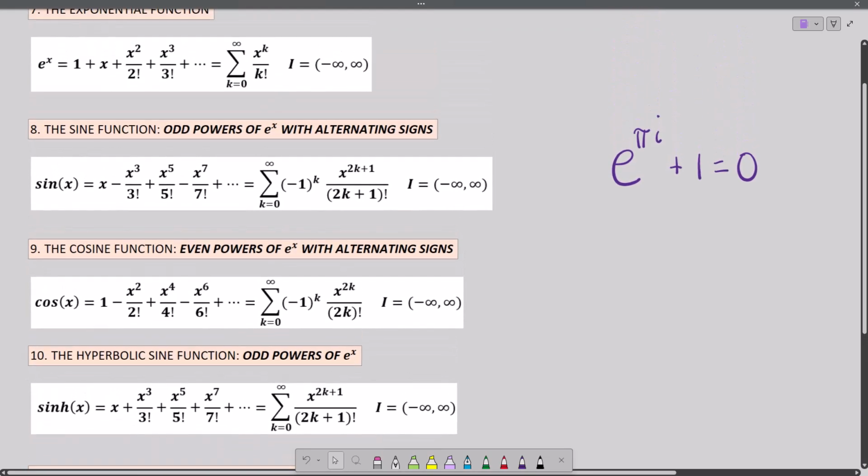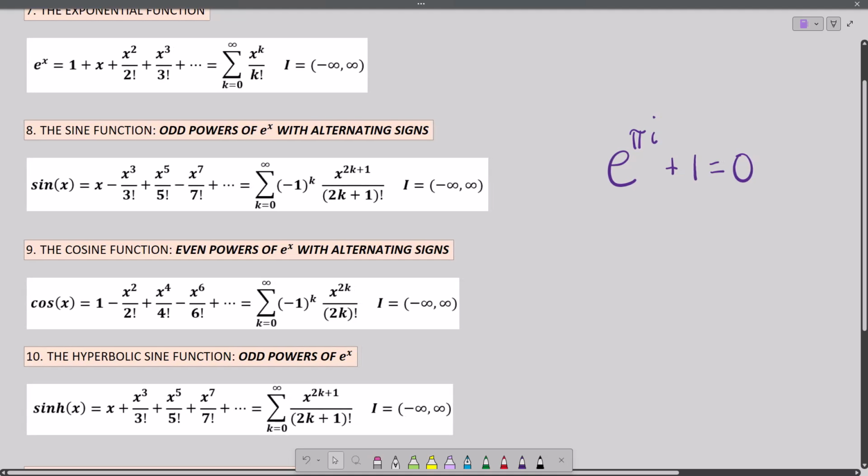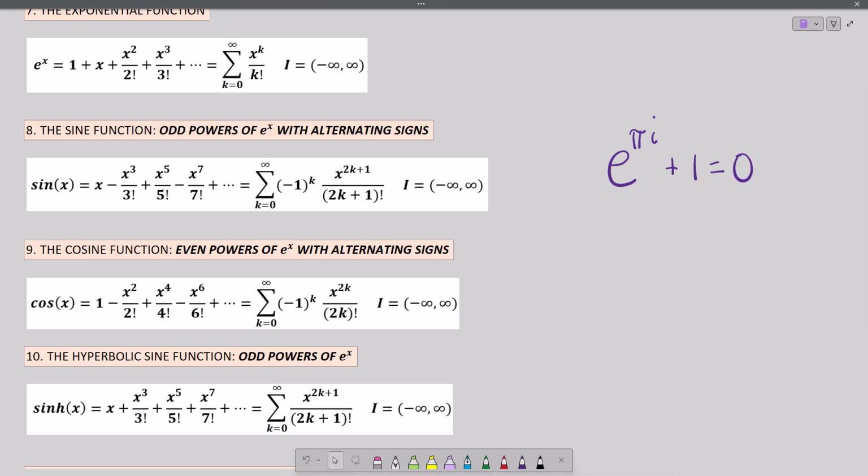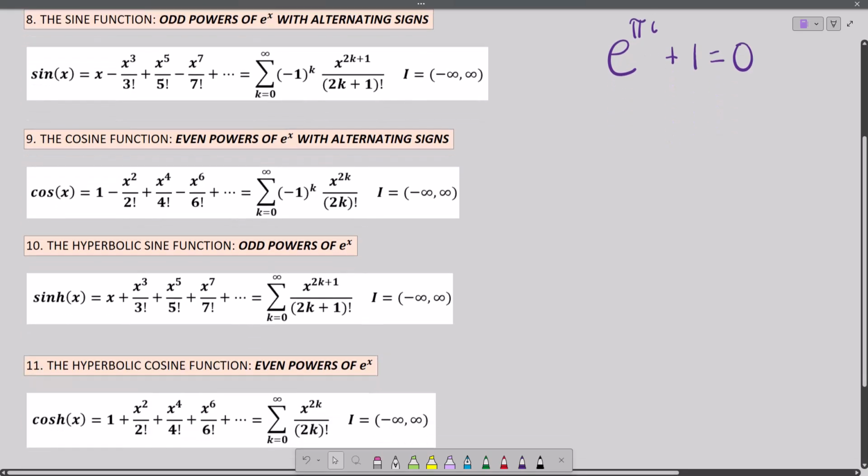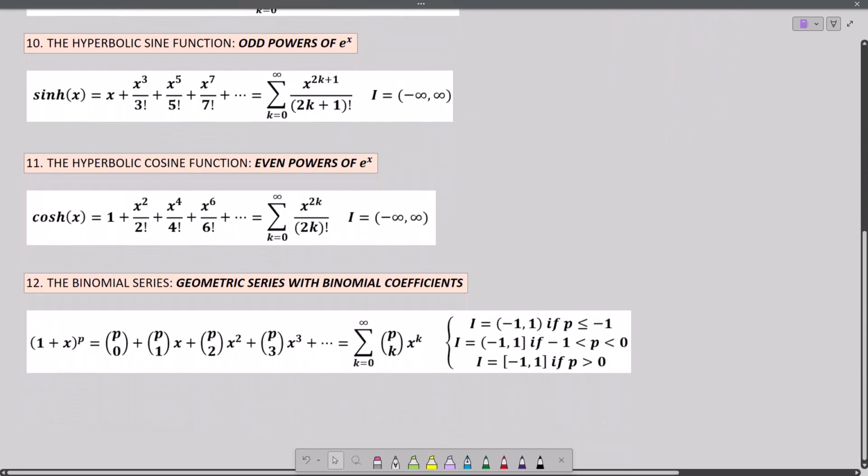So this group of 5 starts with e to the x. As soon as you know e to the x, it doesn't take much to memorize sine and cosine. Sine's an odd function, cosine's an even function. Take the even powers, you get cosine, take the odd powers, you get sine, and then just throw in a switch. And if you want sinh and cosh, you blow the switch out.